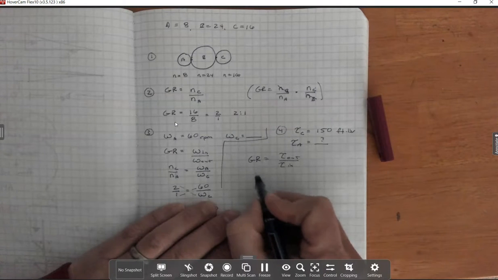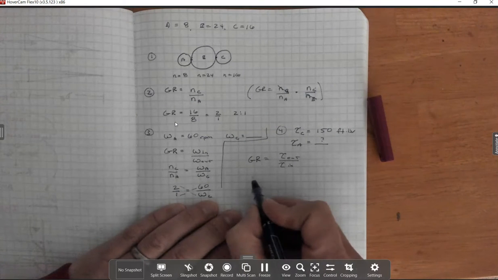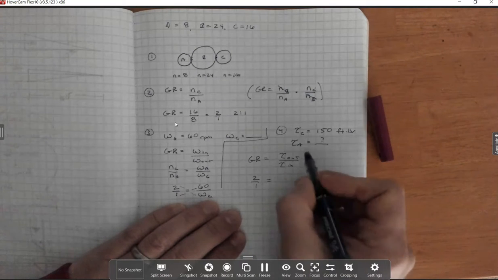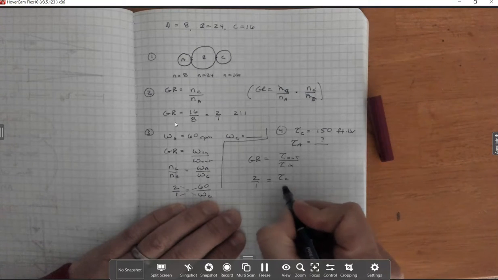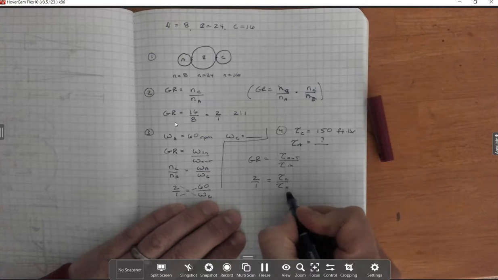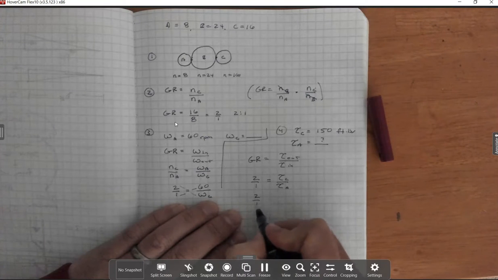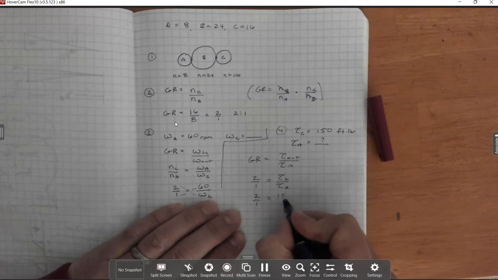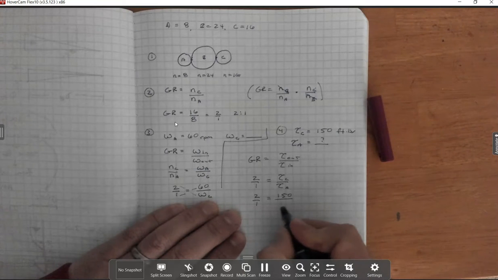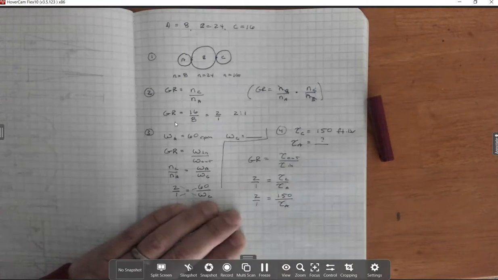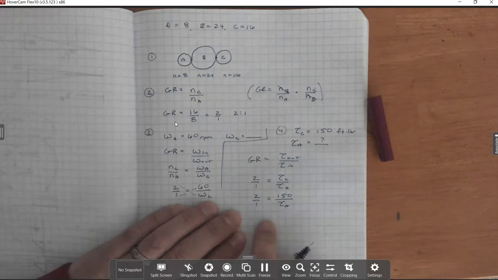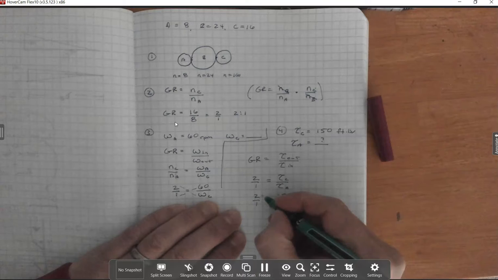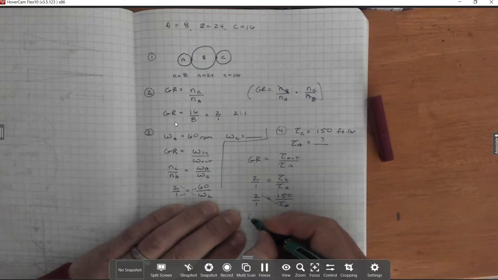In this case, we still have the same gear train, so we still have the same 2-to-1 gear ratio. That is equal to our output torque at C over the input torque at A. Substituting in the number they gave us of 150 foot-pounds, we have 150 over the unknown torque at gear A. Again, we have a proportion, and we can just cross multiply, setting those diagonal products equal to each other.